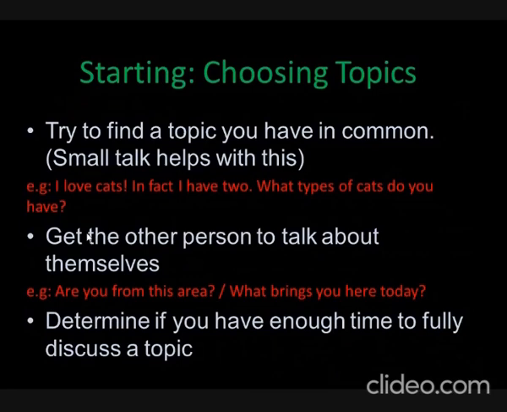Basically, it functions to break the awkwardness between you and the other person. You can also get the other person to talk about themselves first. So you may ask, are you from this area, or what brings you here today? And determine if you have enough time to fully discuss a topic before you move on to another topic.